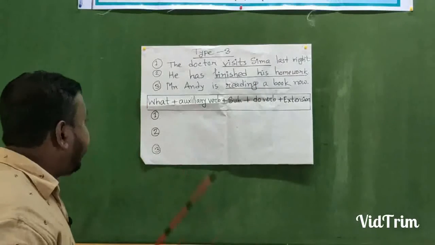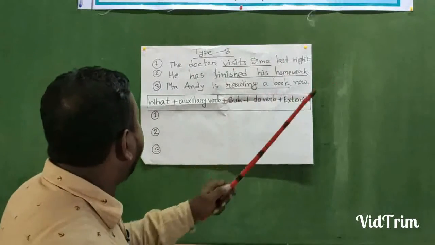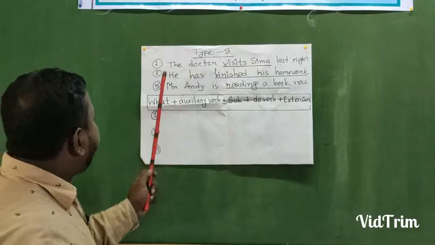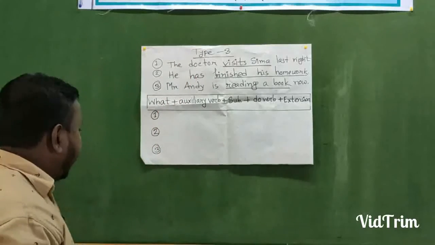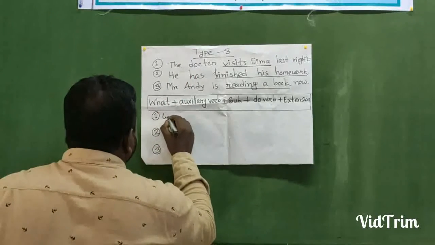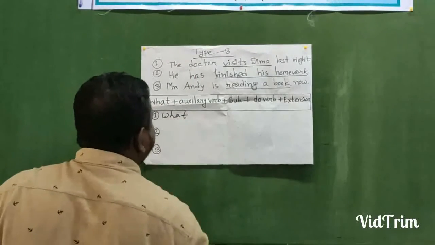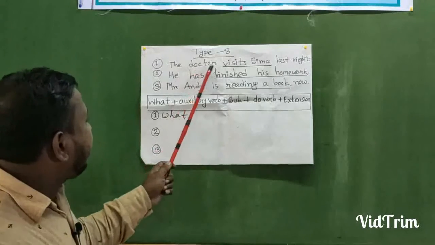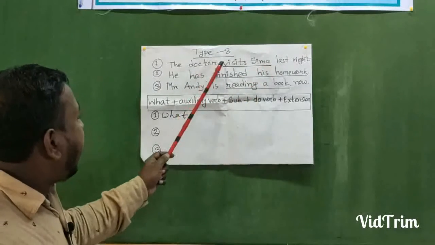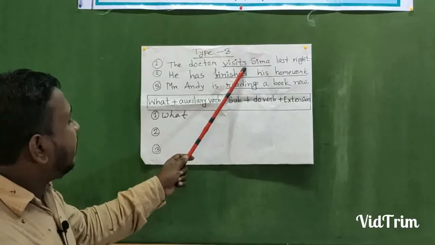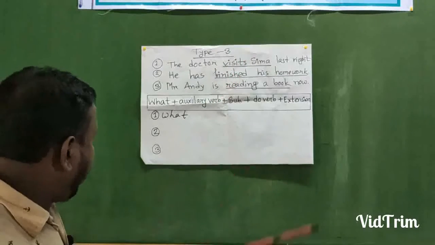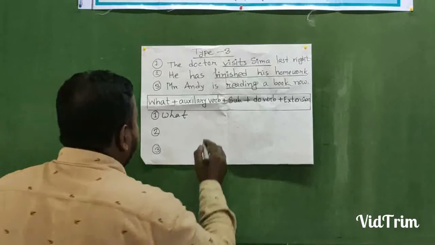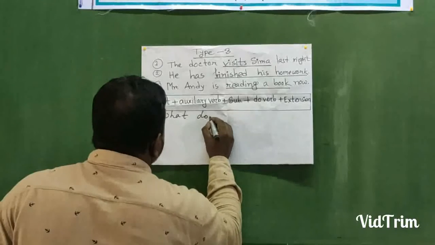So for the first sentence, the doctor visits Shima last time, we can write the word what. Now the auxiliary verb. Look at the sentence. There is no auxiliary verb, but the main verb is connected with s. So we can write the auxiliary verb does.